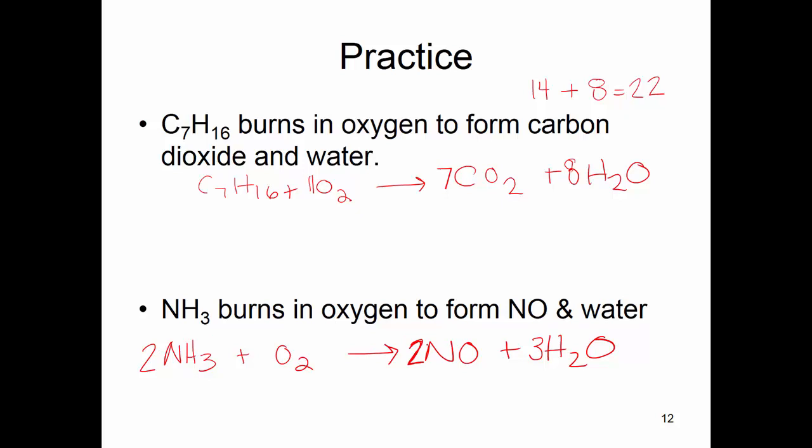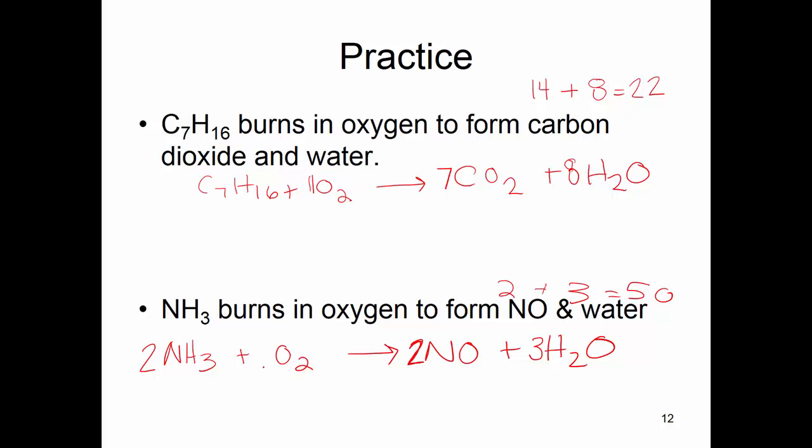Okay, now we're going to hit another issue that I want you to see. If I look at my oxygens, I have 3 times 1, so I have 3, and I have 2. I have 5 oxygens. Okay, so if I come over here, I have a subscript of a 2.